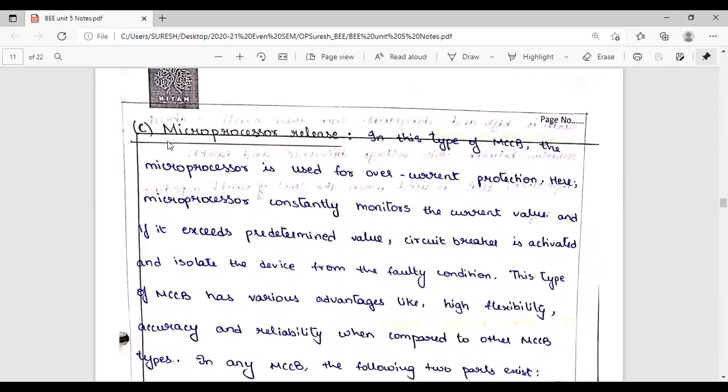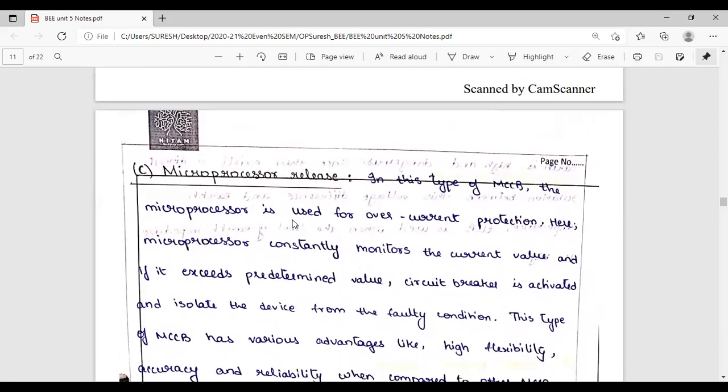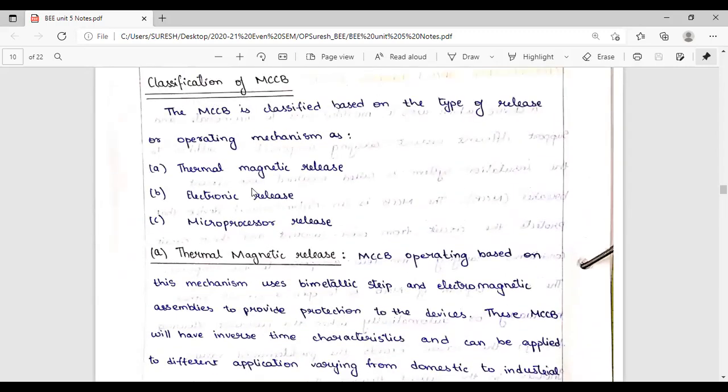MCCB is operated this way. So there are three types of MCCBs. What are those? First is thermal magnetic release, just like the MCB. Electronic release means with the help of a switch. One switch is there, it will be continuously opening and closing. With the help of the switch, we open the MCCB. Third is with the help of microprocessor release. Release means open. So this is only theory. We can read this.